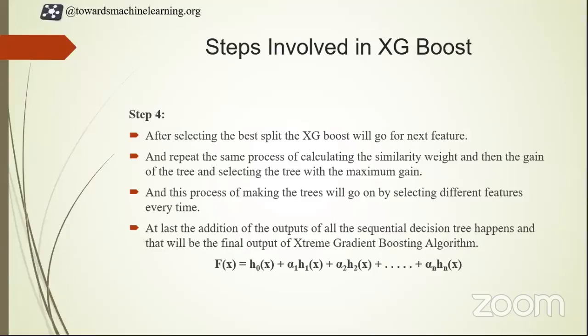This process goes on and on. It will select different features each time, and at last, similarly to gradient boosting, the addition of all the trees is put together in order to get the final output.